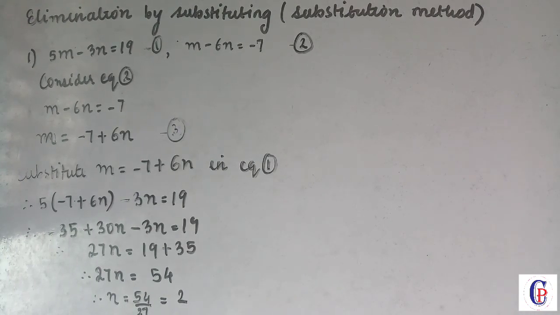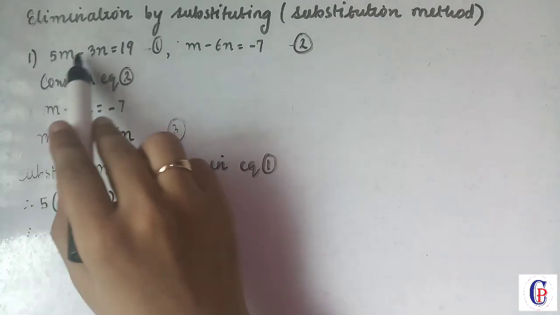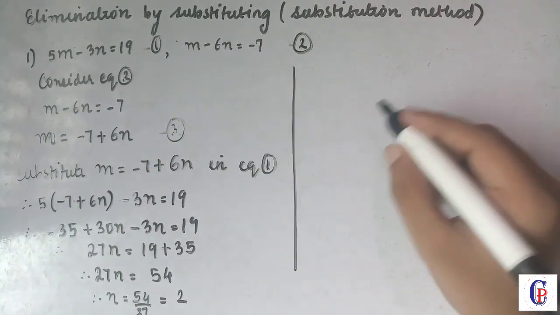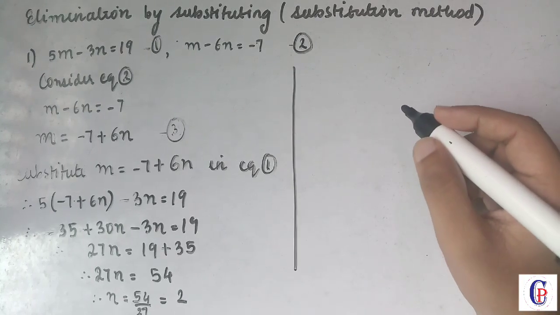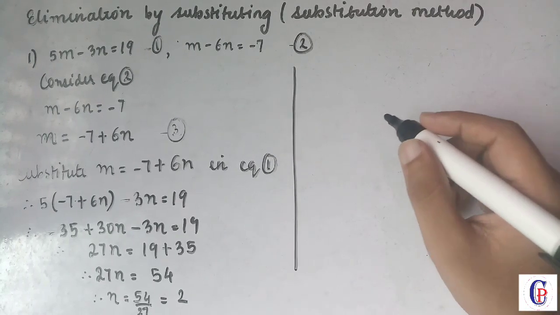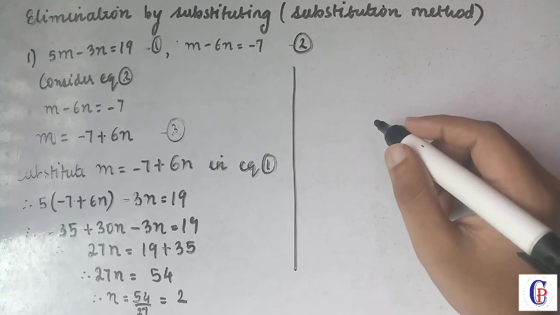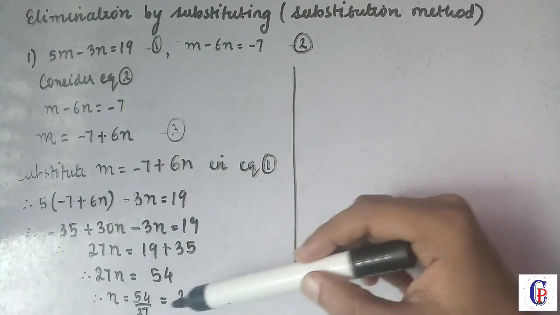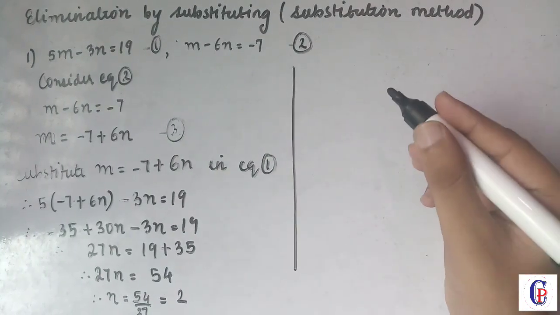Now we have to find the value of m, because this equation has m and n. Like in the previous equations we found the value of x and y, similarly here it is m and n, so we need to find the value of m and n. We have got n equal to 2. Now you have to substitute n equal to 2 in the third equation, always in the third equation.